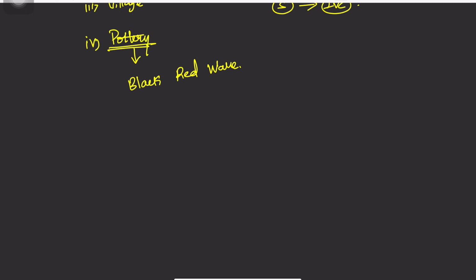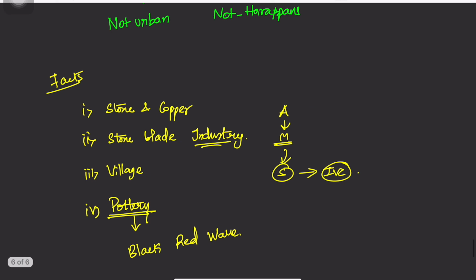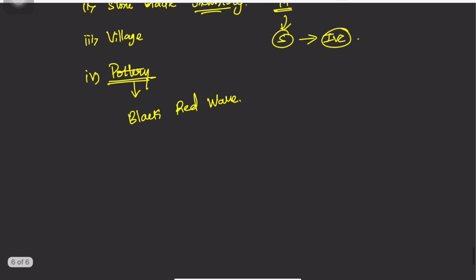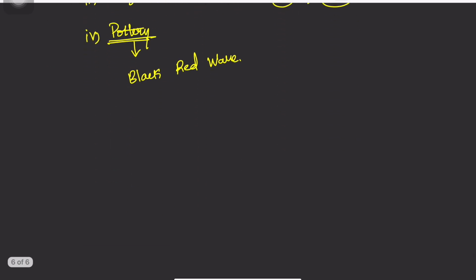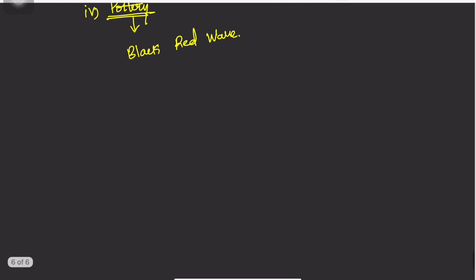For Chalcolithic, I think there is no question even in test series. Just remember these things, that's more than sufficient. But in Chalcolithic we have four types of culture. Suppose if any test series asks a question, you can remember that there are four cultures in the Chalcolithic period.